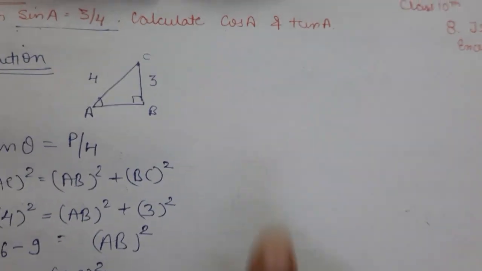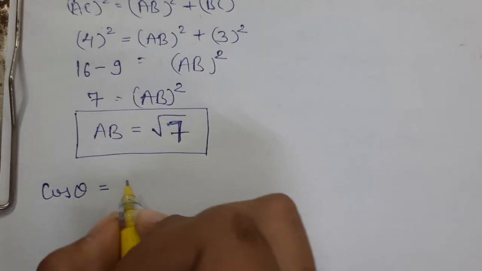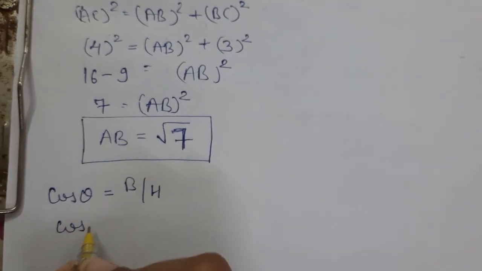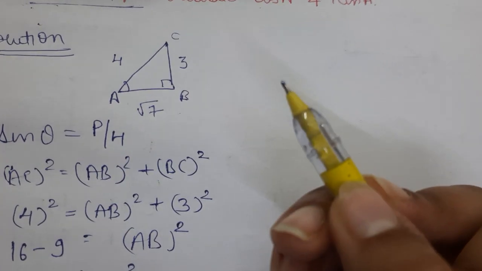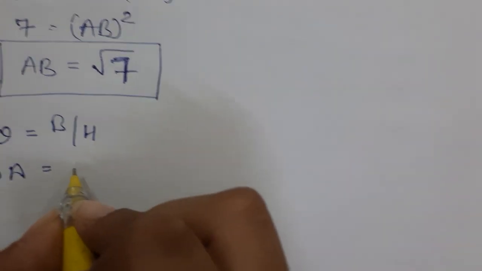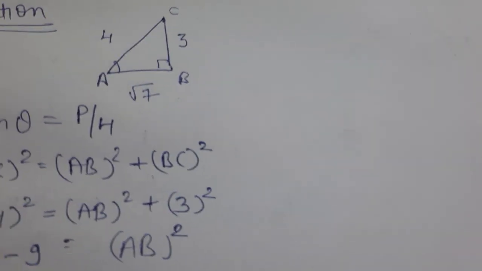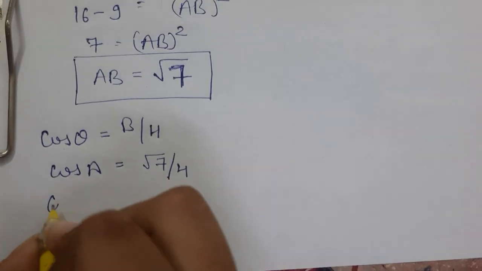Now we need to calculate cos A and tan A. So we know that for any cos theta, it is base upon hypotenuse. So here for cos A, base is BC, that is root 7, we have just calculated. So cos A will be root 7 upon the hypotenuse given in the question as 4. So cos A is root 7 by 4.